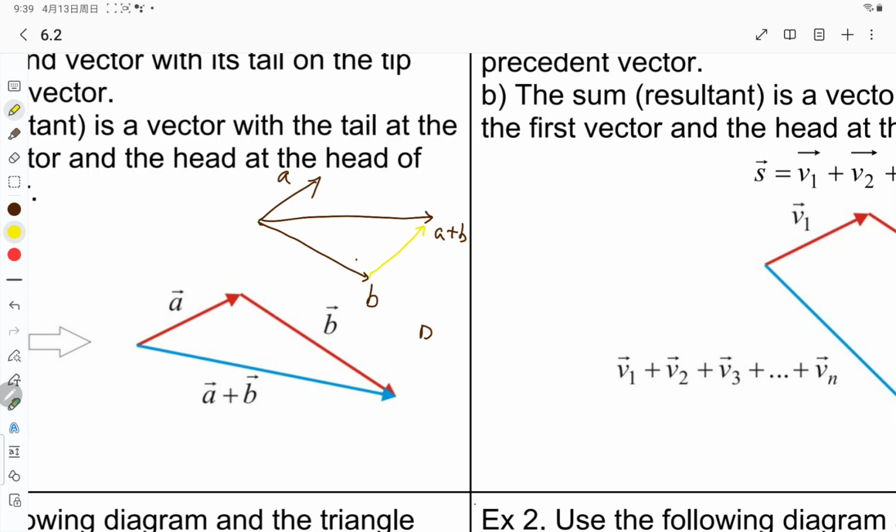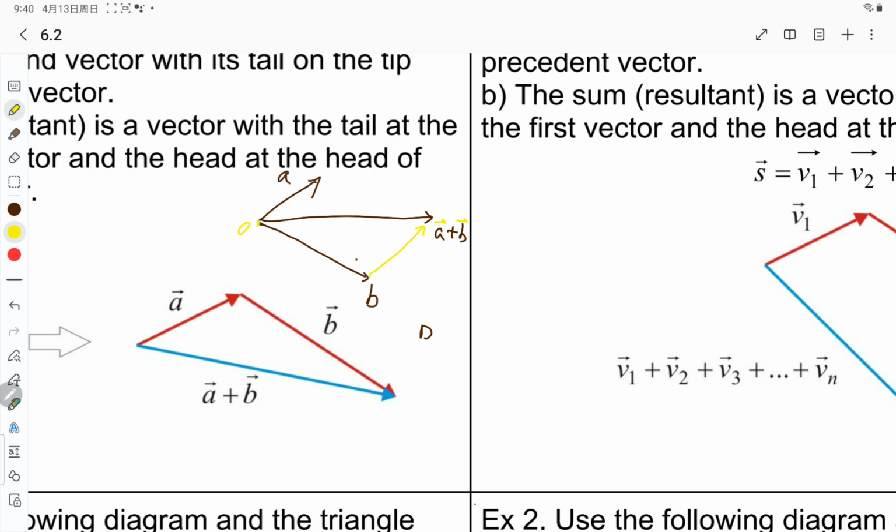So whether it's A plus B or B plus A, we always arrive at the same ending. Starting from the origin here, we travel B distance and then A, right? So addition of vectors is actually, we just travel along the arrow, as simple as that.